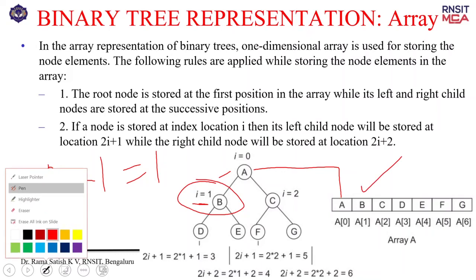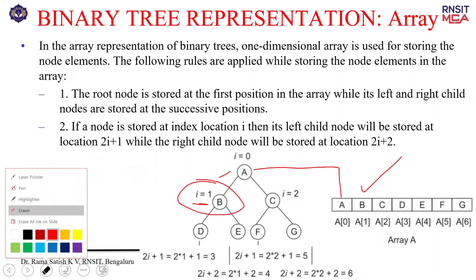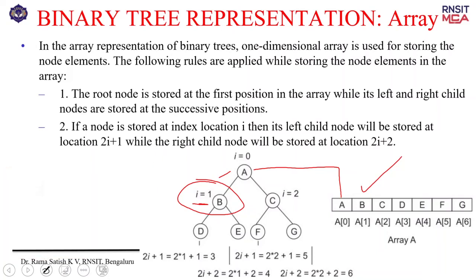Same way, I want to store the right element. Right element is C. For the right element, the formula is 2i plus 2.